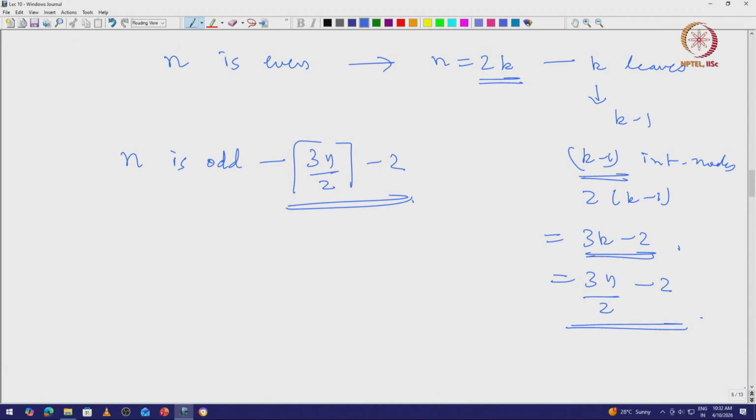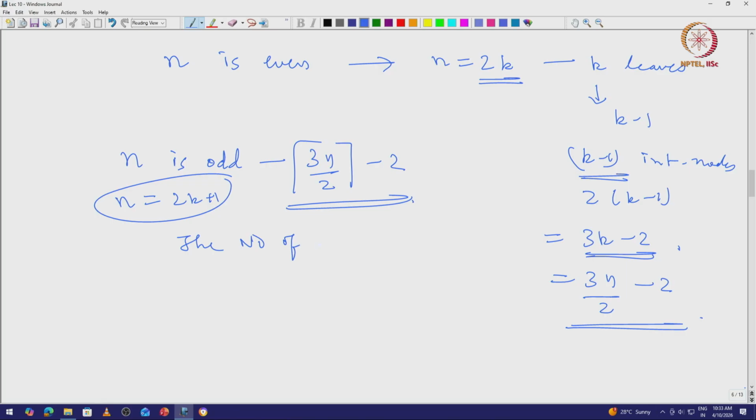The number of leaves with weight 2 is k, which is floor n by 2. n equal to 2k plus 1.